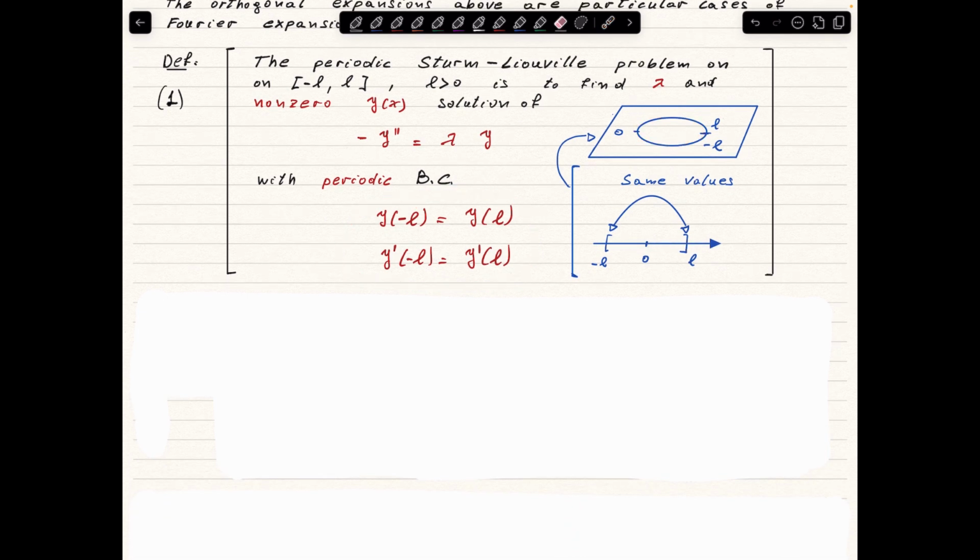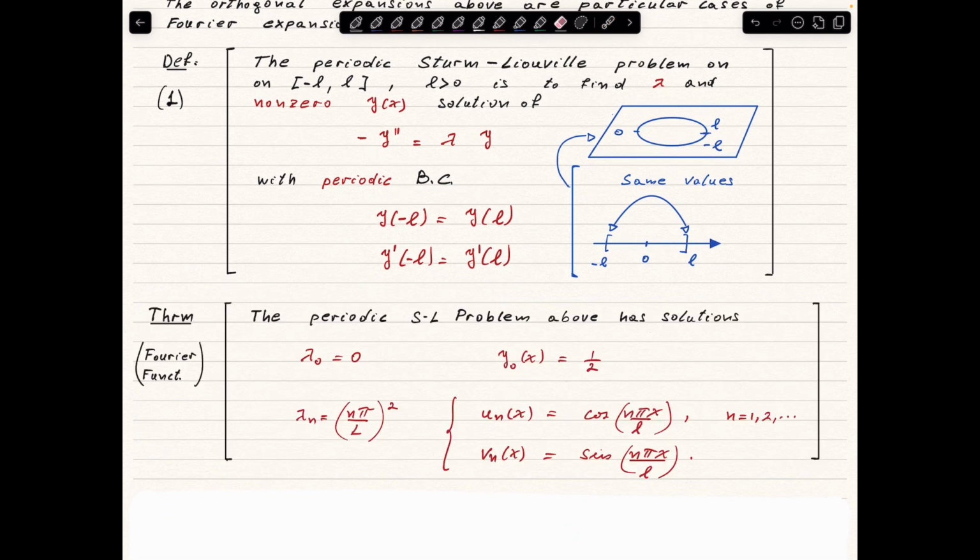Alright, so this is a periodic Sturm-Liouville problem, and it has solutions, and one can calculate the solutions. We have the eigenvalue 0 with the constant eigenfunction, and then eigenvalues of the same form as before, n pi over L squared, but the eigenfunctions corresponding to these eigenvalues are both cosine and sine, not just one or the other like in the previous problems.